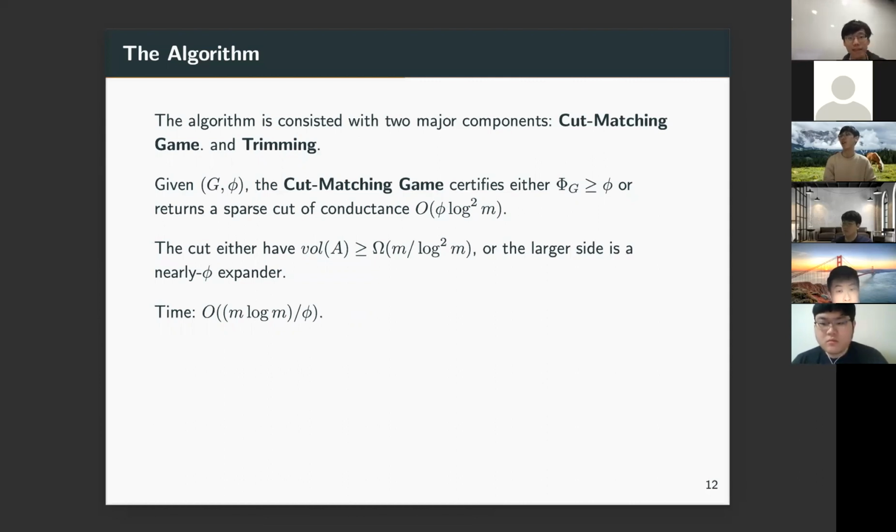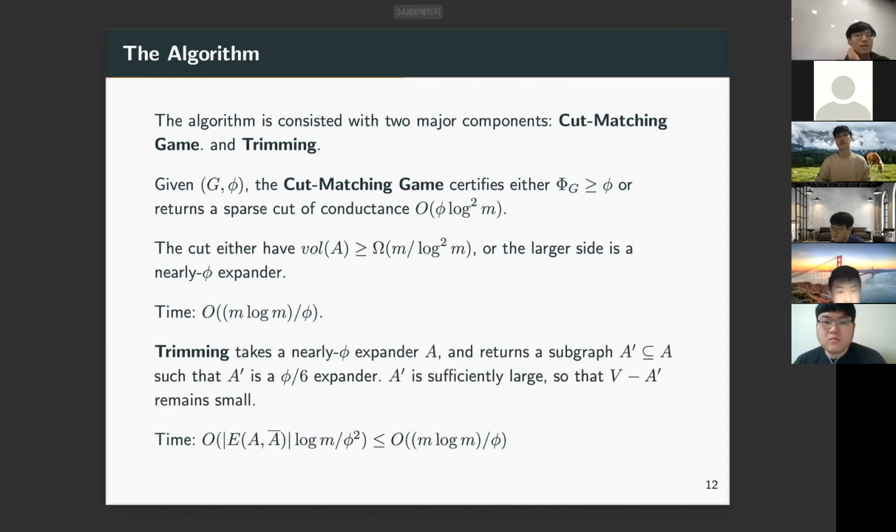I didn't explain this, but just think of it as something nearly a phi expander. It is not a phi expander, but it's something near to that. I'll explain it later. Trimming takes the nearly phi expander and returns the subgraph A prime that is the real expander. Here A prime is sufficiently large so that V minus A prime remains small.